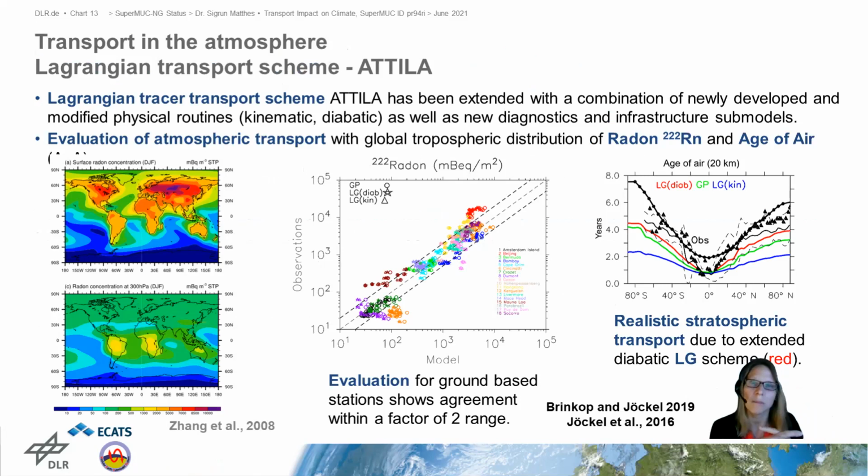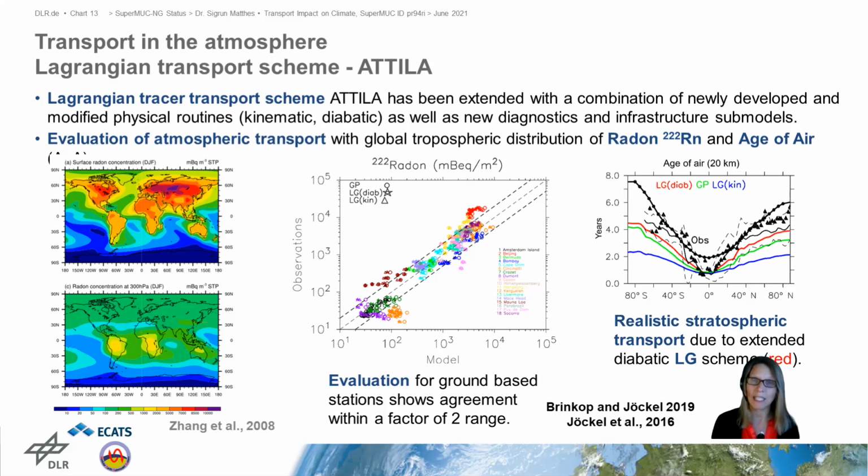We have the system ATTILA, and if you extend it, you also have to evaluate it. And in fact, this is what is done here. We are using atmospheric observations of radon and the age of air. And what you see for the radon is, in fact, large concentrations over the continents, which is shown here on the left in the red colors.